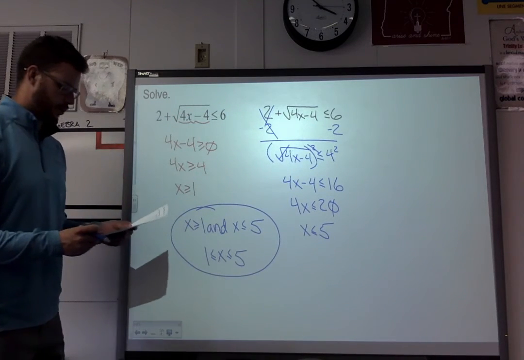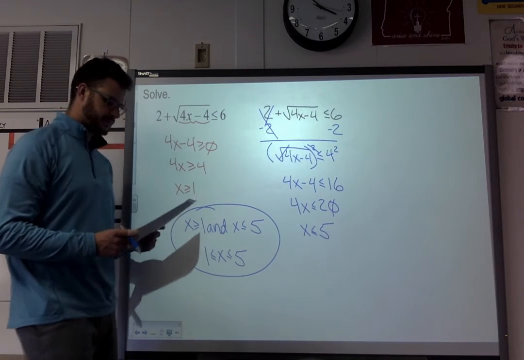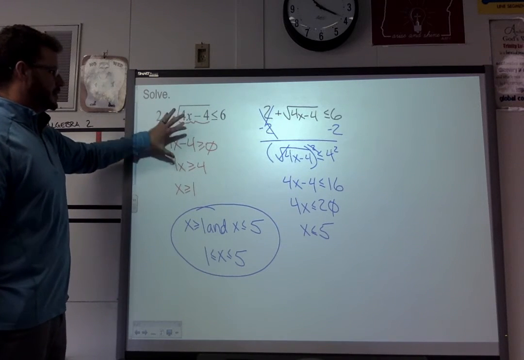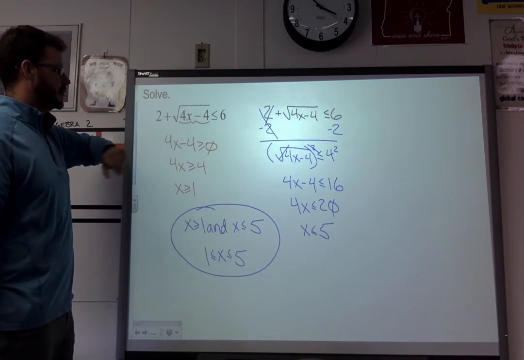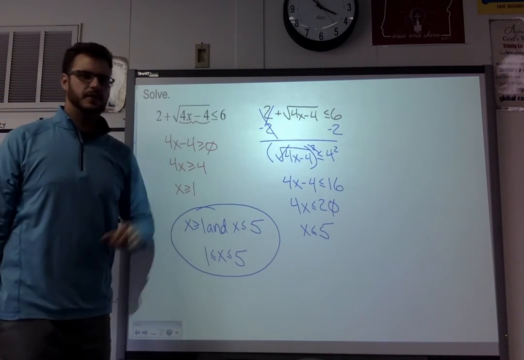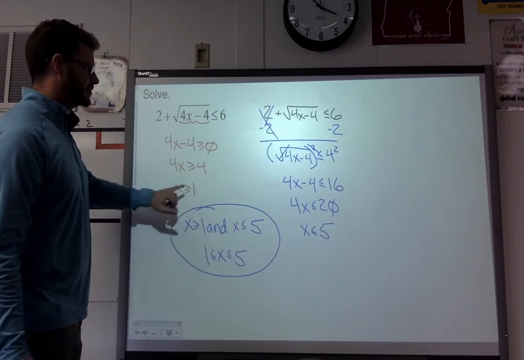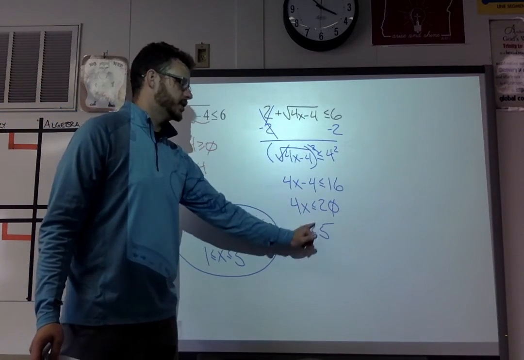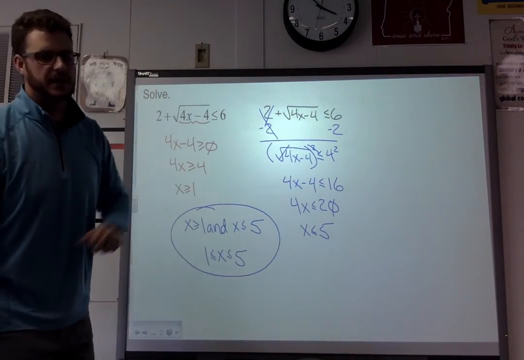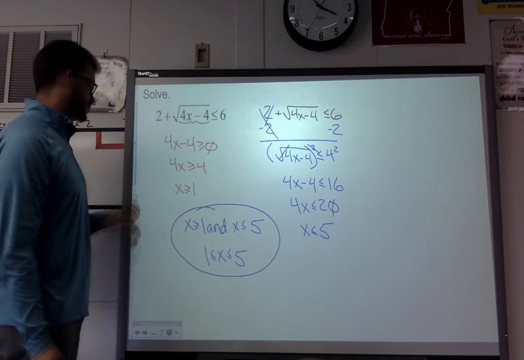Either one of those would work as the solution. So again, when you're solving a radical inequality, you always want to start by setting the radicand greater than or equal to 0. So you'll get one part of the solution. Then you solve the radical inequality just like we had solved the radical equations before.